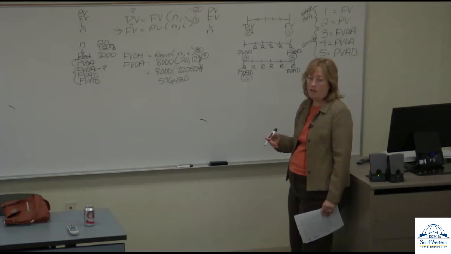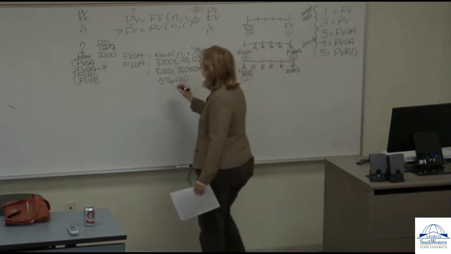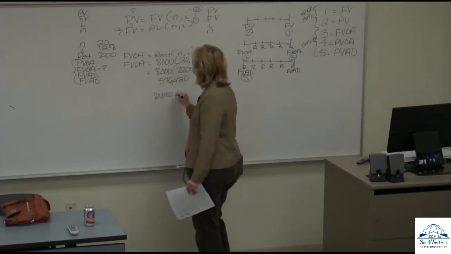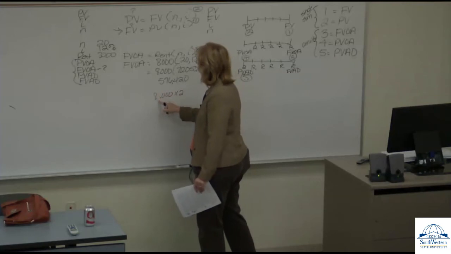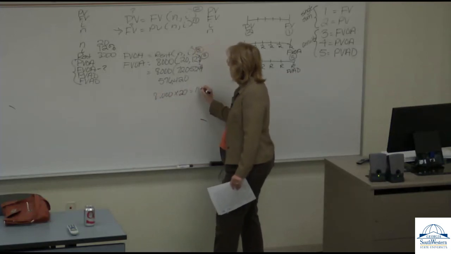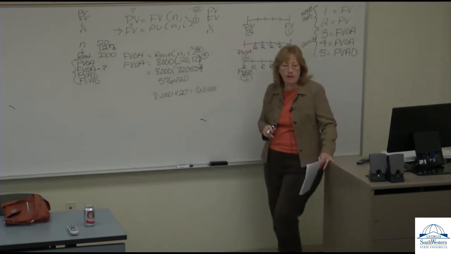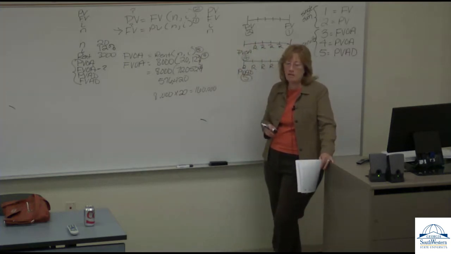Avery? You got it? 160,000. So 8,000 times 20 equals 160,000. What happened here? How did we get up to 576,000?